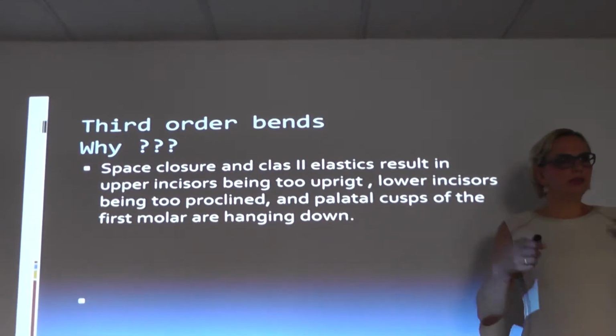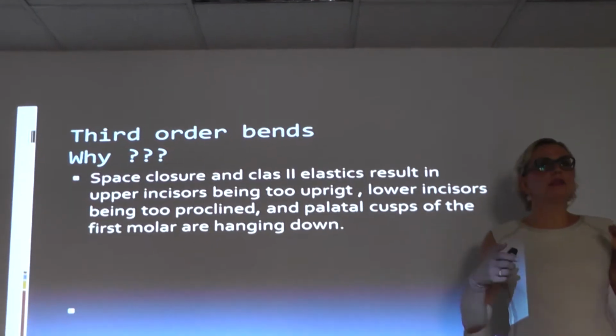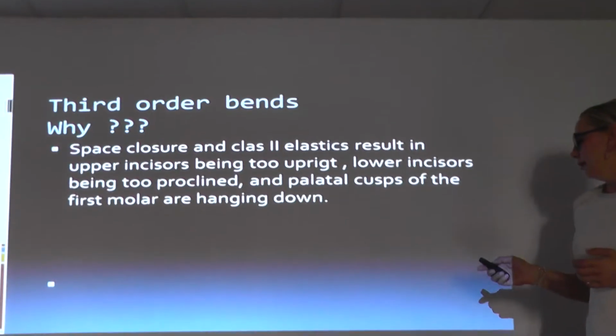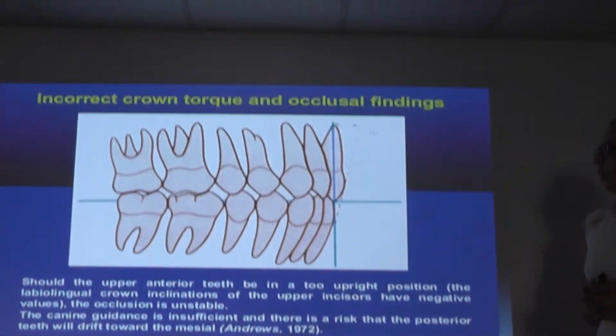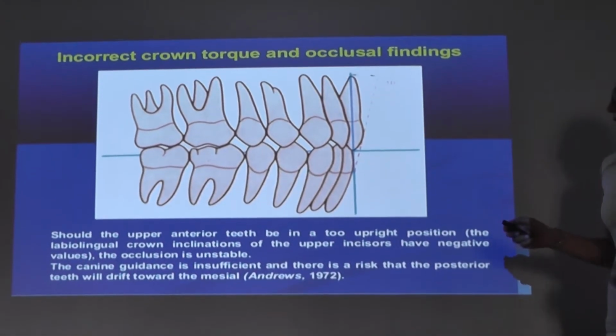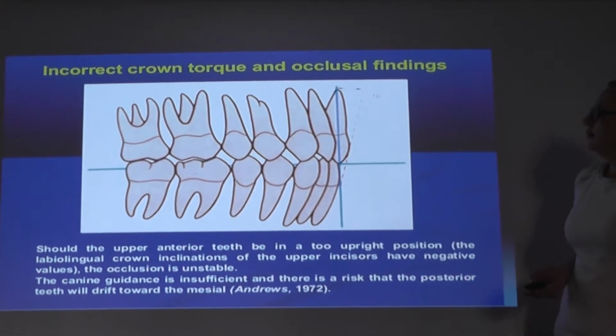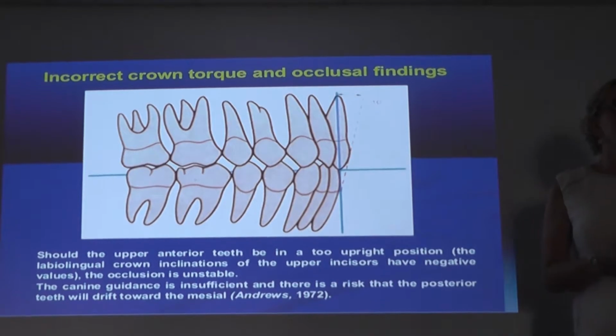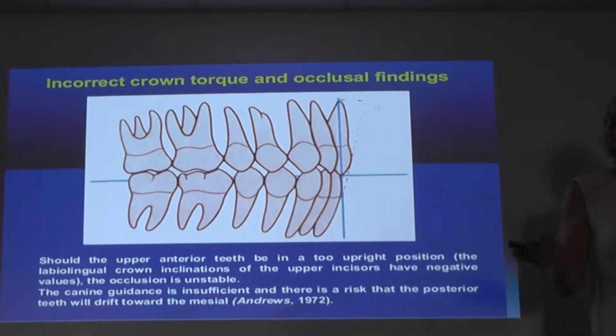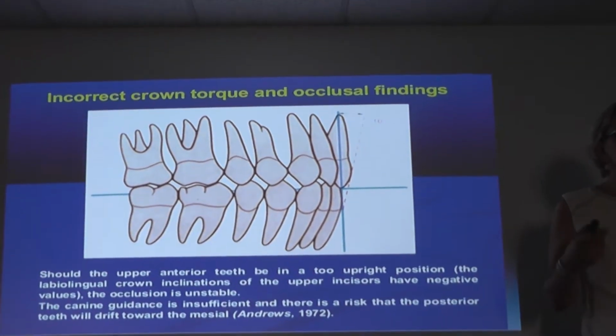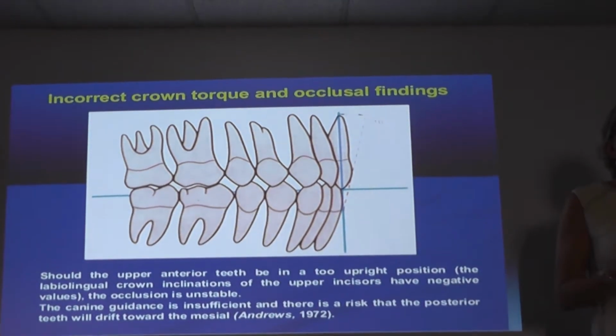Also, the palatal cusps of the first molar are hanging down, and this is the picture. If you finish your patient and the patient is satisfied, he has straight teeth, but you are not satisfied. You see that something is missing.